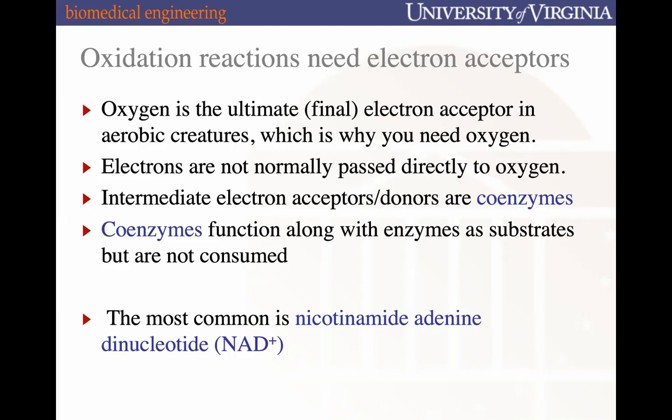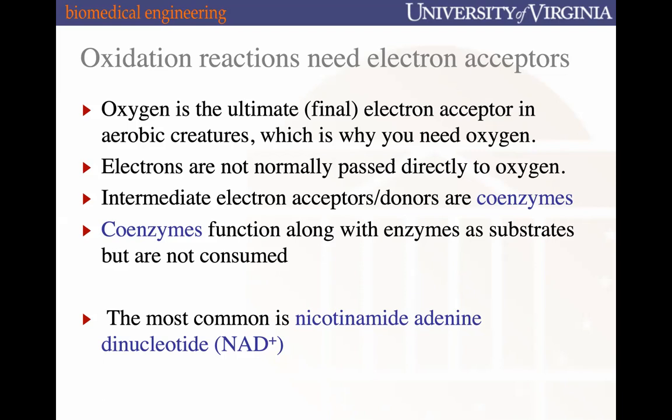But again, what's important to know is that they're not consumed here. The distinction between coenzymes and cofactors is that cofactors are typically small molecules like ions that are not consumed, whereas coenzymes are typically larger molecules.